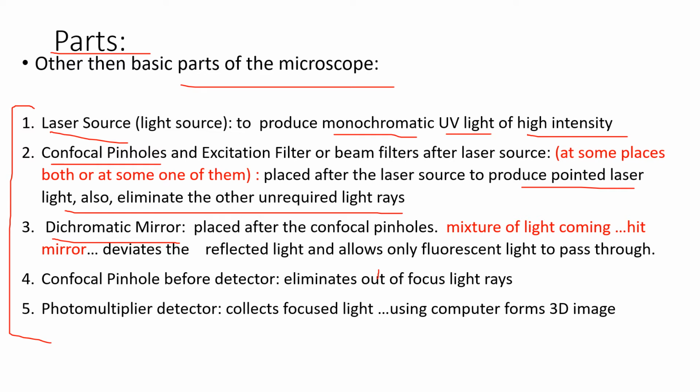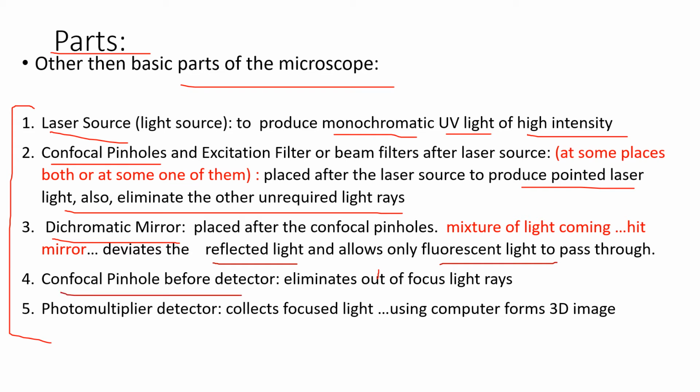Now what it does, basically, when light rays come through the objective lens after hitting the specimen, there is reflected light as well as fluorescent light. So what the dichromatic mirror is doing is removing reflected light and allowing only fluorescent light to pass through. I hope that's clear. Confocal pinhole before detector.